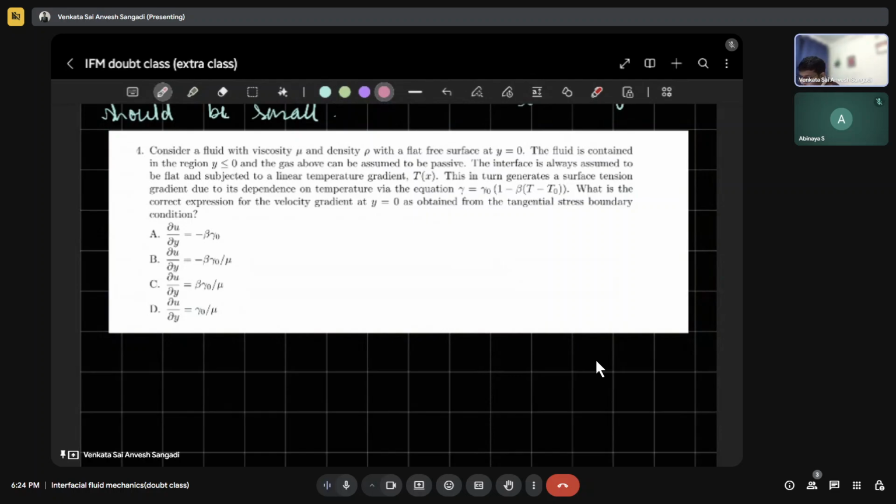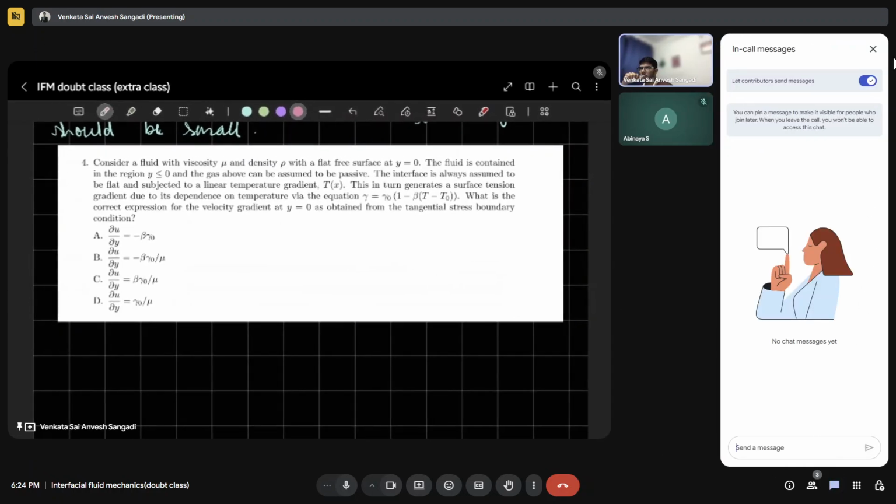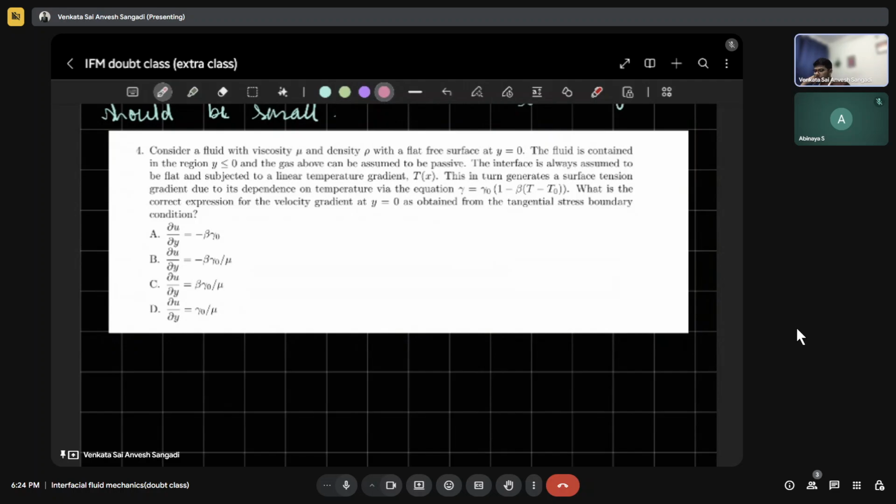Consider a fluid with viscosity mu and density rho with a flat free surface at y equal to 0. The fluid is contained in the region y less than 0. The gas above is assumed to be passive.